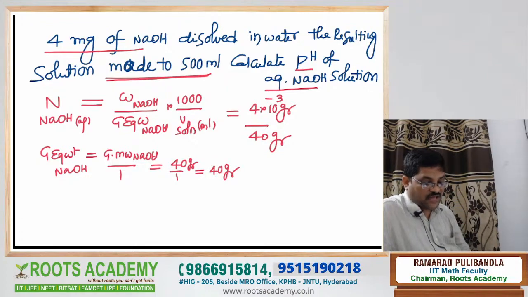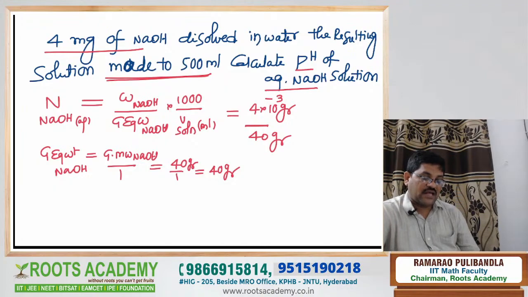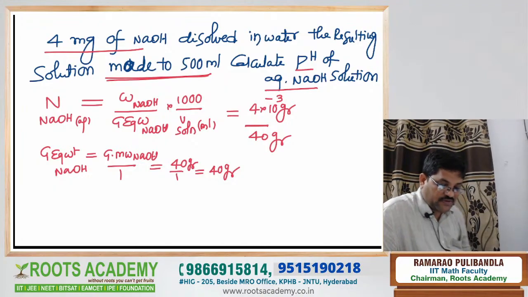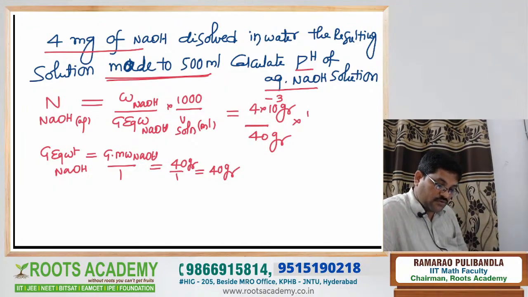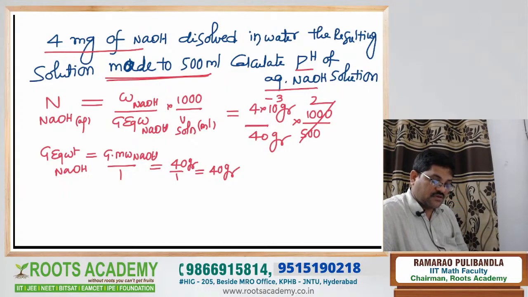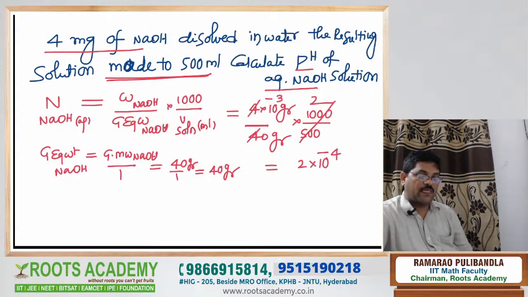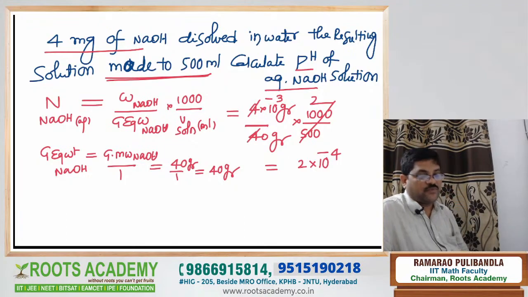So 40 into 1000 by volume of solution, that is 500 ml. Exactly cancel, this is 2 times. The 4 is cancelled, and what you get? 2 into 10 power minus 4.